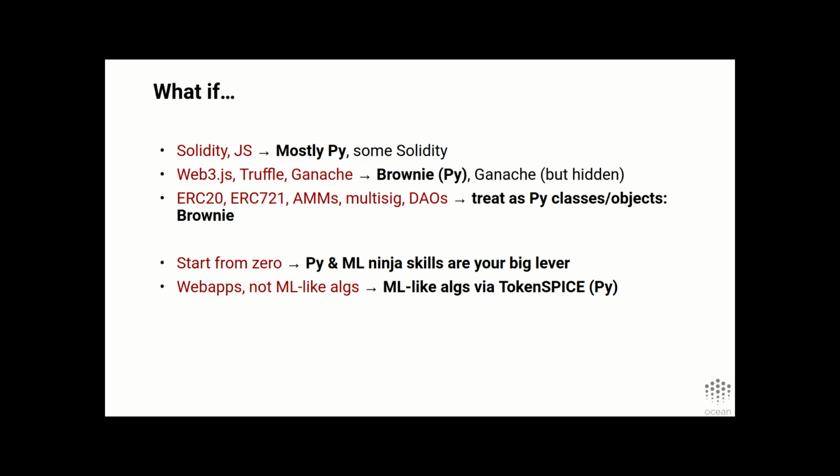And finally, are you really interested in building just web apps versus developing ML-like algorithms? I can show you how TokenSPICE can help a lot, and the ML-like algorithms are basically incentive-type designs. And I'll show you what that looks like. So that's what I'm hoping to point to, hope for ML people, Python people like yourselves, where you can have an impact sooner rather than later in blockchain land.